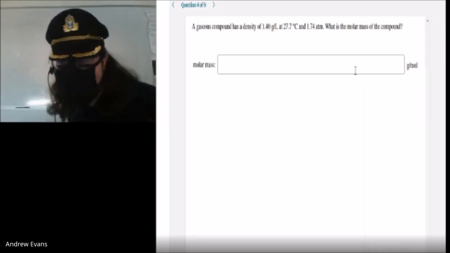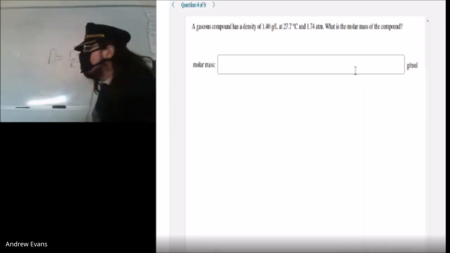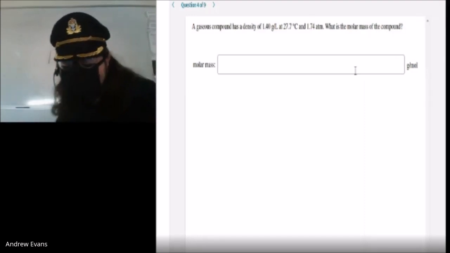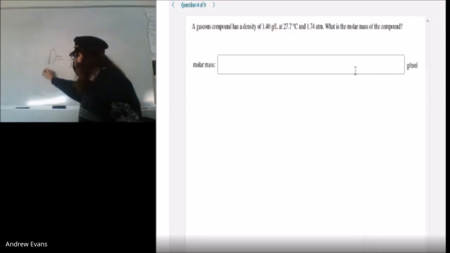So with this in mind, this will also be on your useful information sheet. Of all the equations you'll have on there, it's the only one that will mention density and the only one that will mention molar mass in the same equation. So they give you the density D is 1.4.